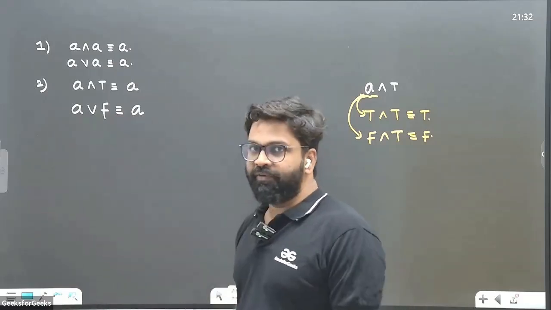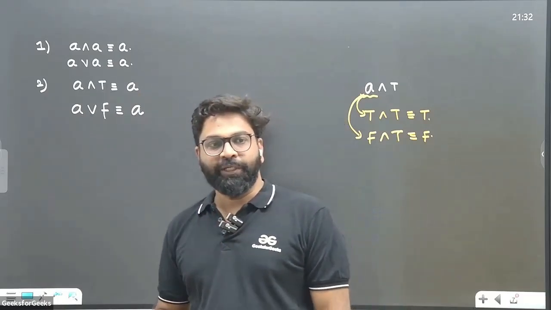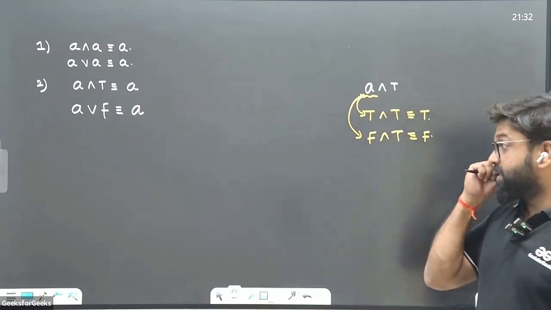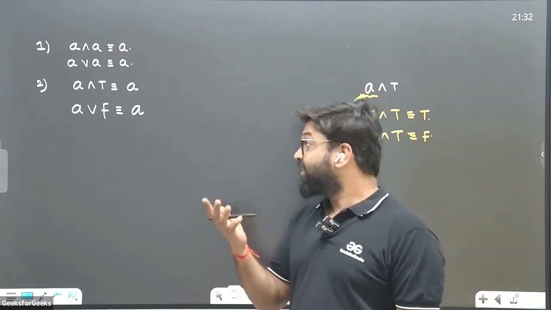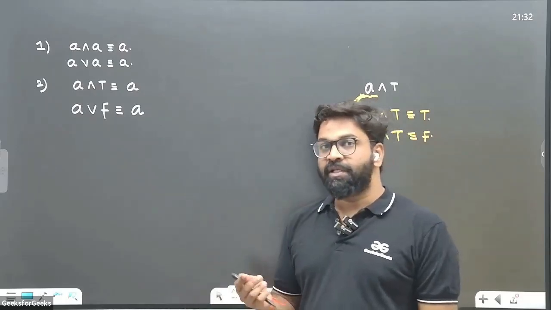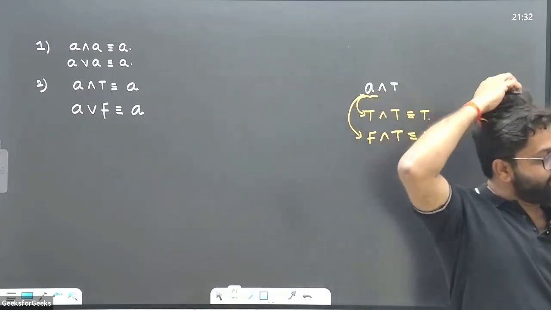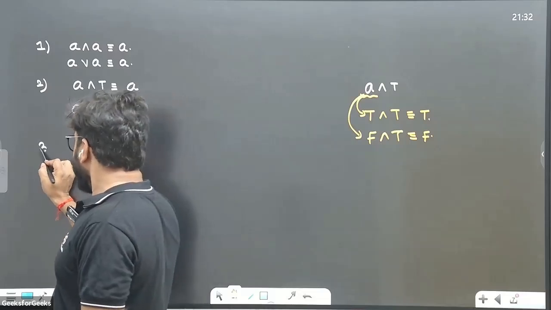This is the second type, and it is not related to type 1. Basically it is related to logical equivalence. So A and true, the answer is A, and A or false, the answer is A. Now let's talk about the third one.